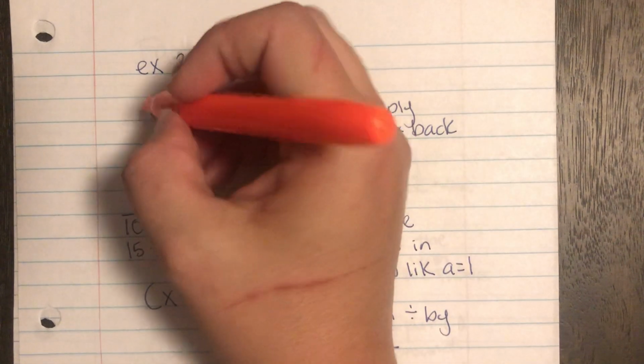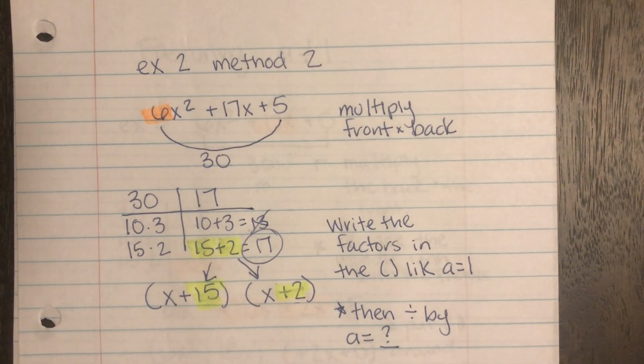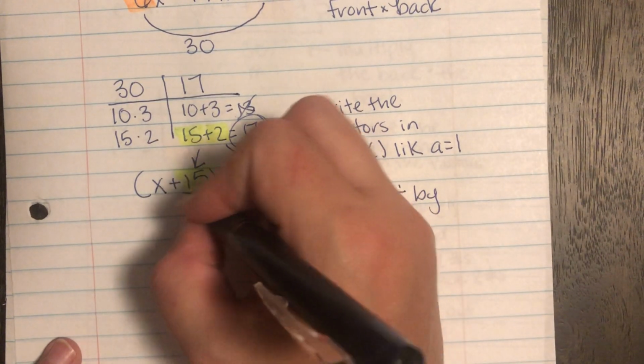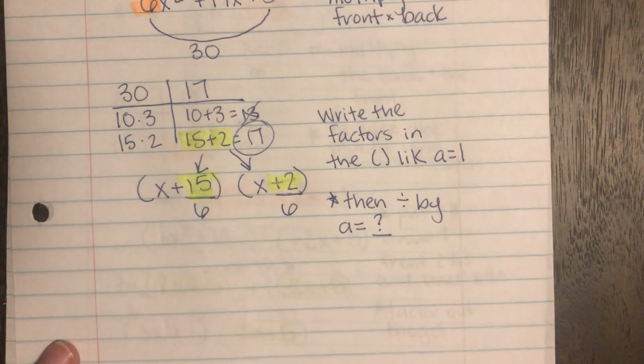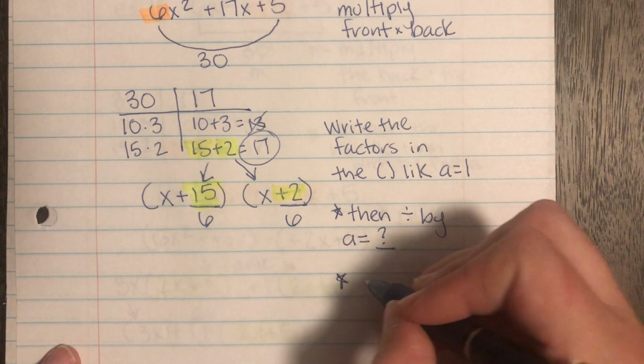All right, so on this problem, a equaled 6. I'm going to highlight this in orange. Because this equaled 6 in the front, that means I'm going to come over here and I'm going to have to divide both of these by 6. Simplify your fractions first.